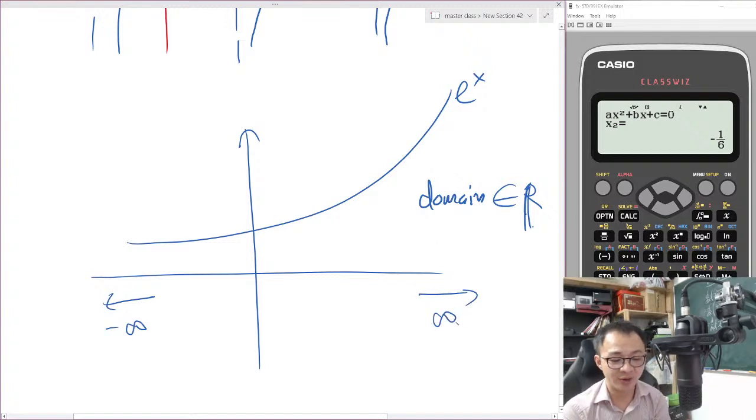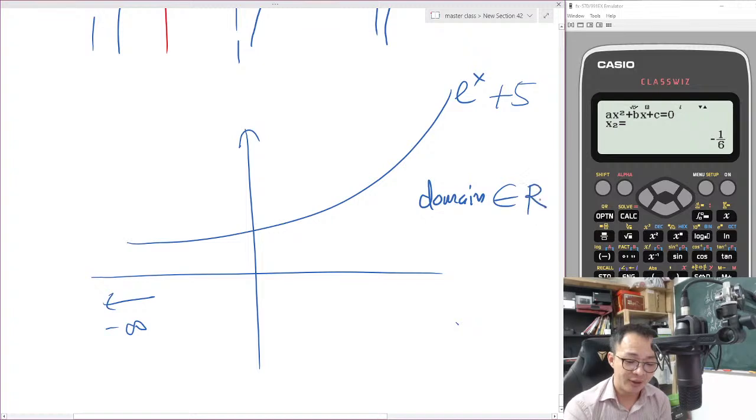So we will call it, the domain will be the real numbers for e^x. Even if e^x plus 5 is still the same domain. If 3e^x plus 5, still the same domain. If negative 3e^x plus 5, still the same domain. Okay, but the range will change.